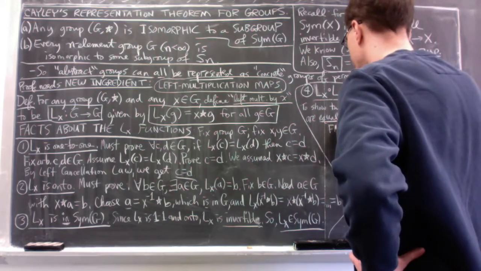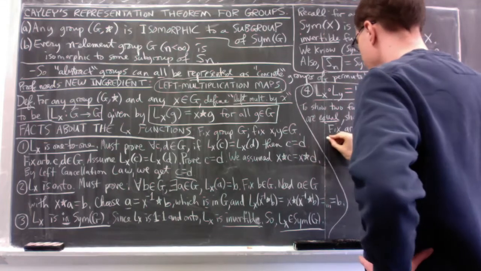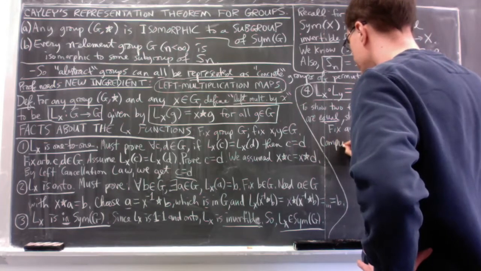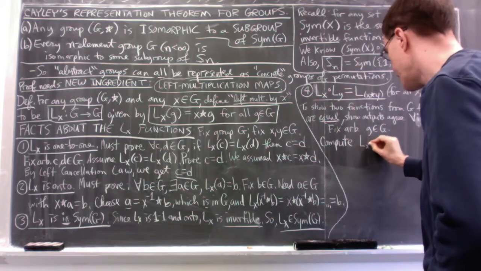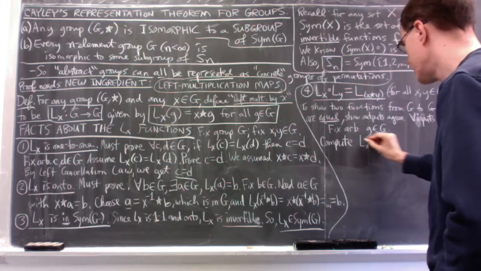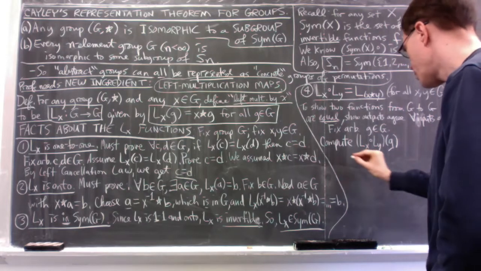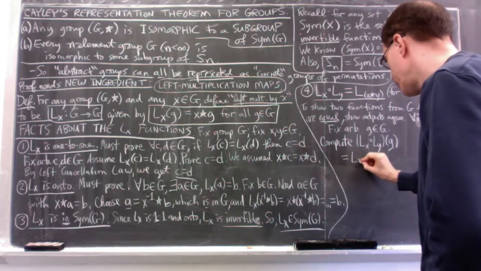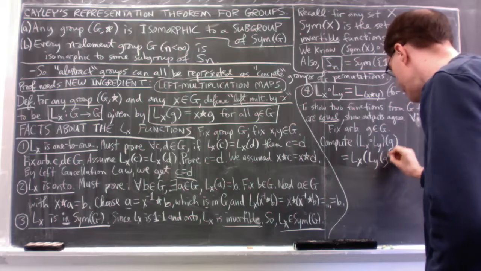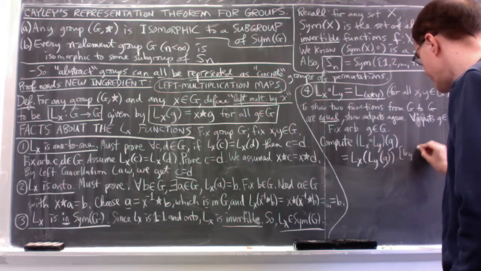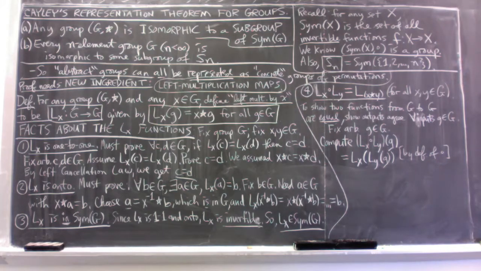So let's fix an arbitrary input, little g, and then see what we can get. When we do the left side, Lx circle Ly, that function applied to little g, well, that's going to be L sub x of L sub y of g by definition of function composition.